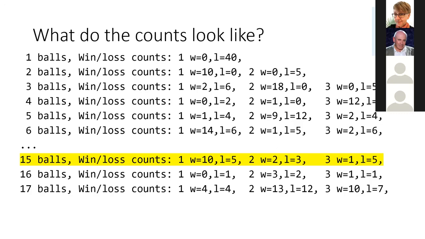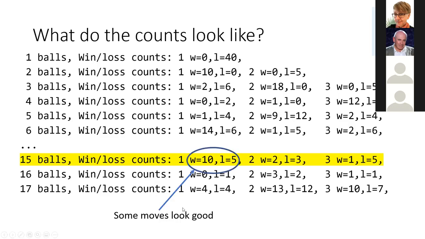So there are 15 games which we played where, when we had 15 balls, we took 1 ball, and then there's another 5 games where we took 2 balls, and then there's another set of games where we took 3 balls and we didn't do very well.